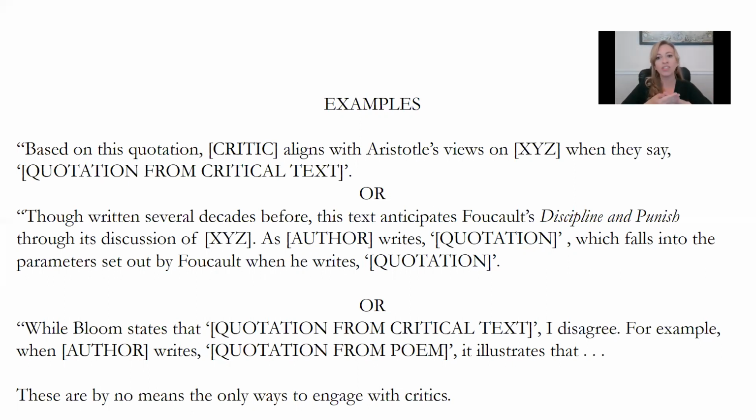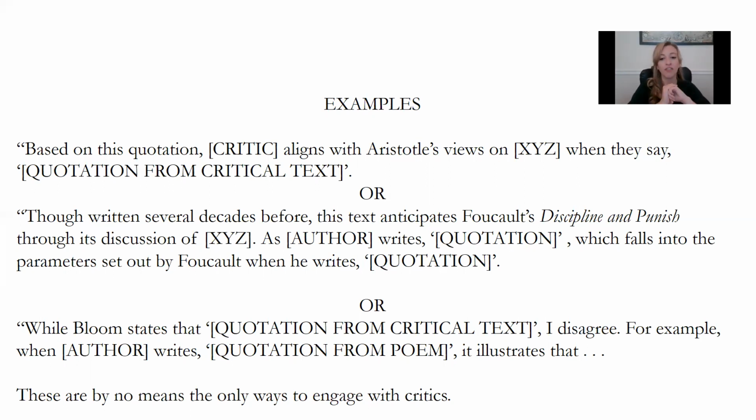Or, though written several decades before, this text anticipates Foucault's Discipline and Punish through its discussion of whatever topic, as this author or critic writes. And so you can see that even though something is coming way beforehand, you could say, oh, it's sort of predicting that this is going to happen. We can see these long systems. So it's not necessarily cause and effect, if that makes sense, that the theory can only exist once a theorist has put it into words. These things could have been percolating along far before. They could be working from people as well.